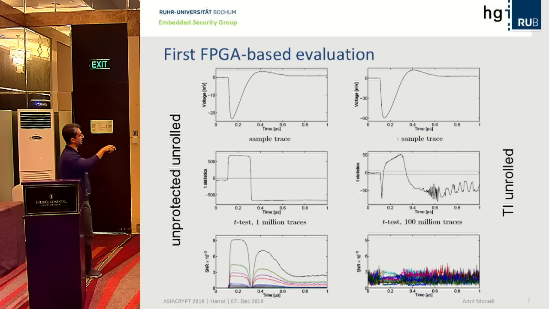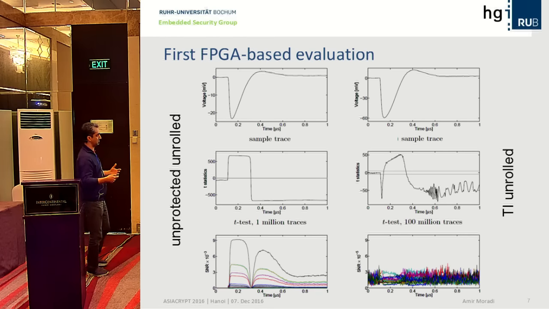And then the evaluations that we have done are based on first t-tests. If you are familiar with the t-test, it is a kind of leakage assessment, to see whether the design or the implementation has leakage depending on the intermediate values.